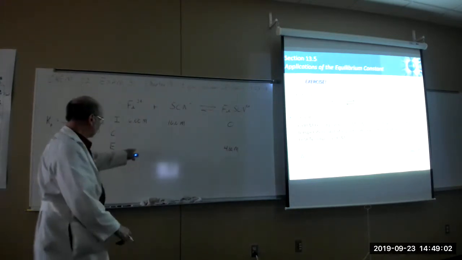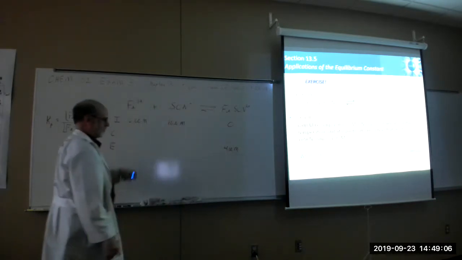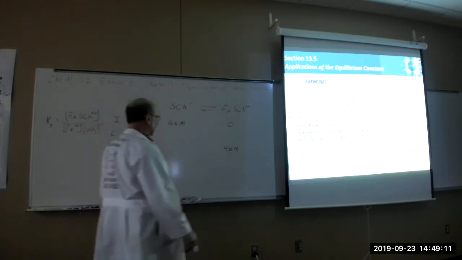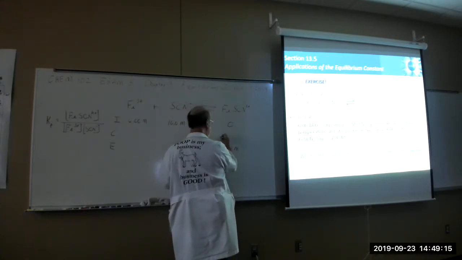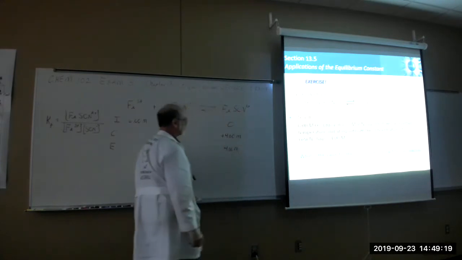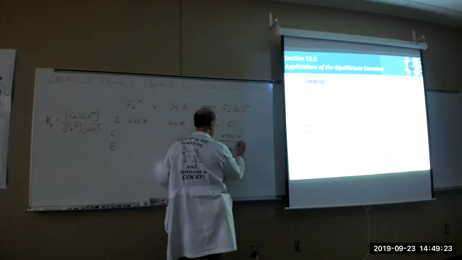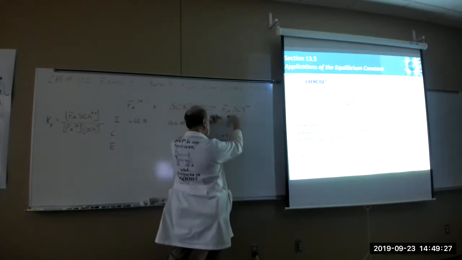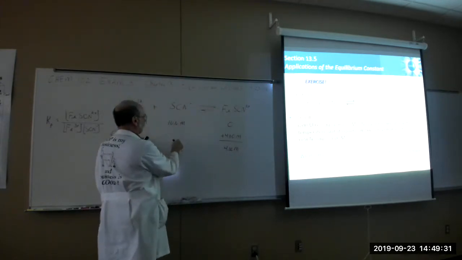We need to know this one and this one because we already know that one. What change has taken place right here? We've added 4 molar of that right there. So that gives us this one. The change here is an addition of this species. So what did that do to these guys?